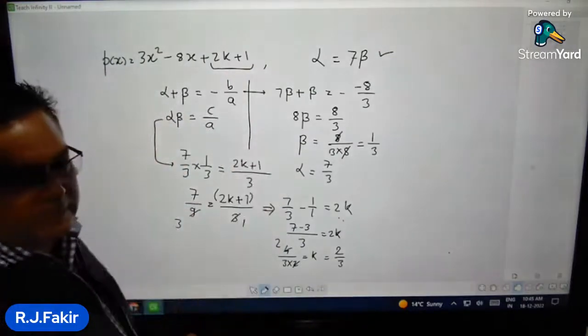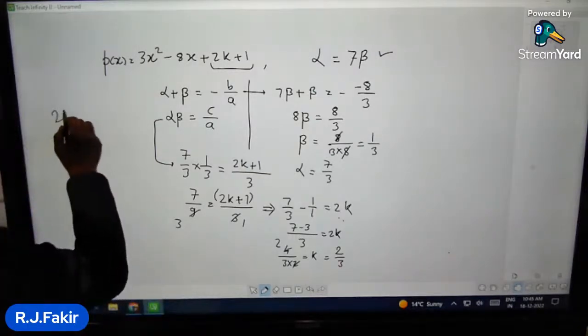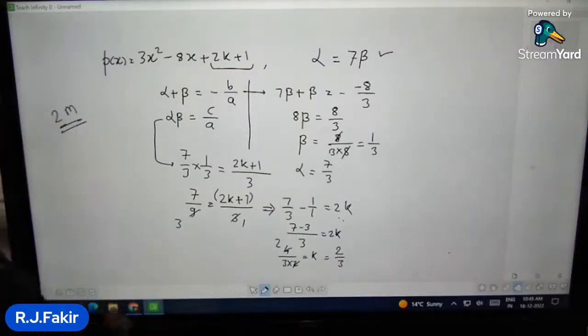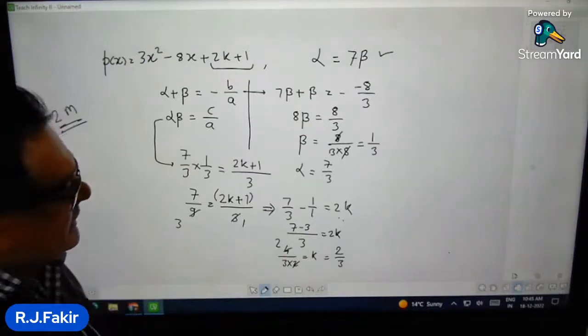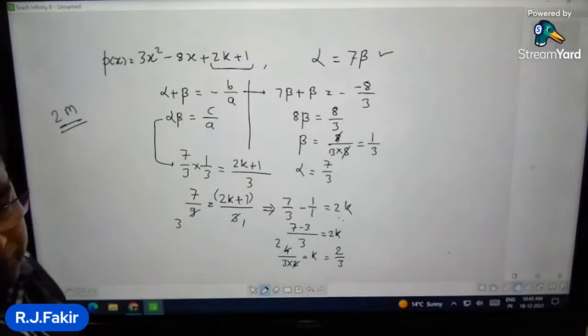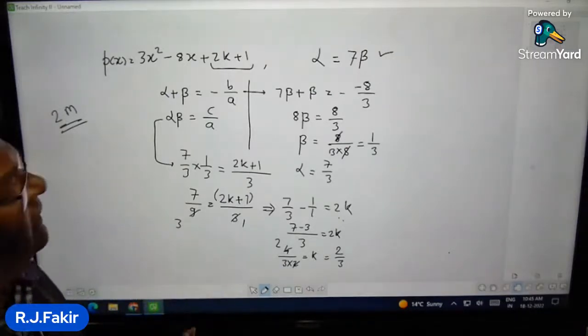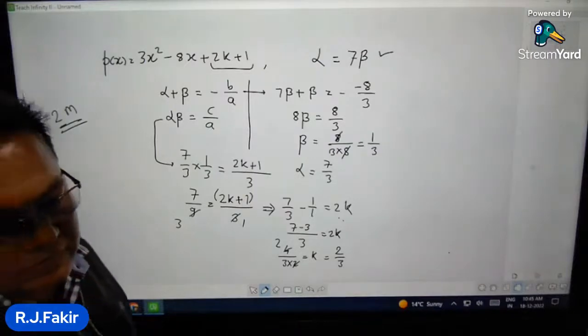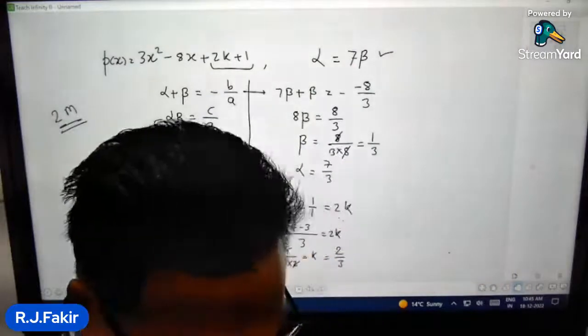So this kind of questions will have a weightage of 2 marks. In case of those section A questions, it's not very necessary that you show the complete solution, but from section B onwards, you have to show all of the steps according to the marking scheme of the board.